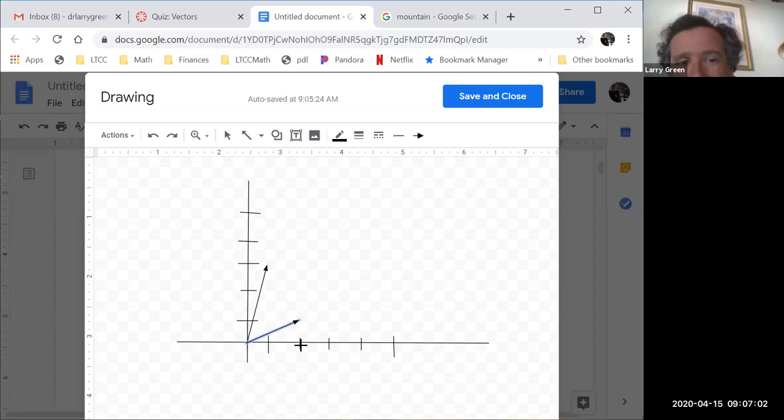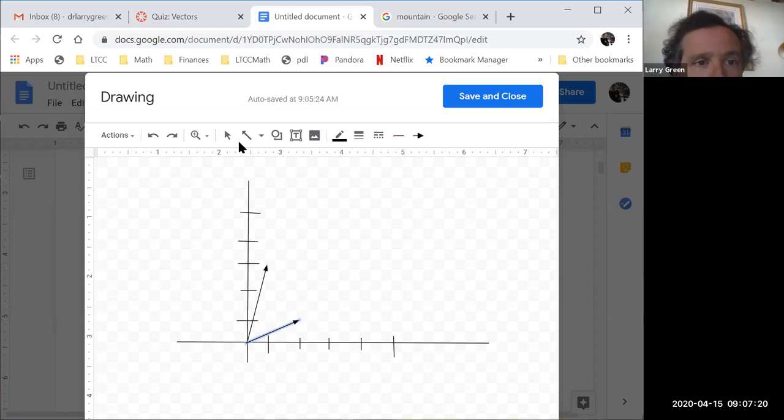Yeah, so what I need to do is take the vector 2, 1, and I'm going to put that above. I'm going to put it so that it meets with the other vector.